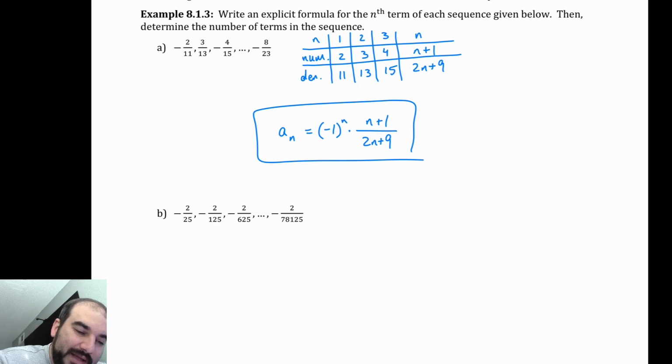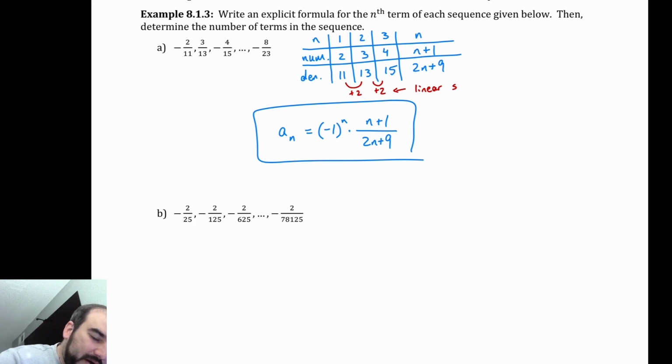So some hints as to what kind of formula you would write for n: if the numbers are increasing by a certain amount, so if the pattern is a plus 2 pattern, or a plus some number pattern from one term to the next, that means that this is a linear pattern, a linear sequence.